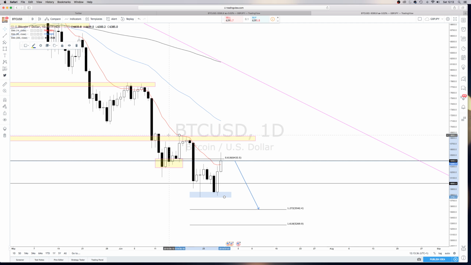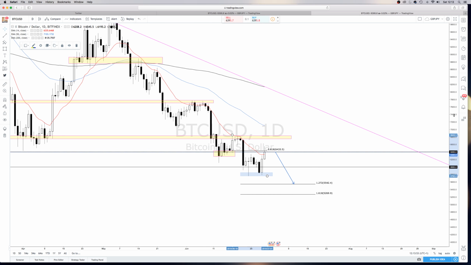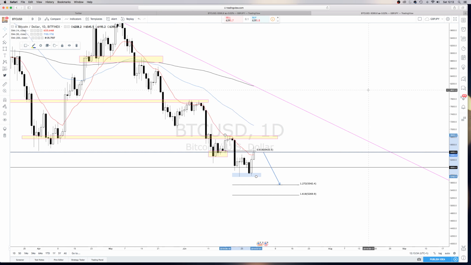I would need to see Bitcoin price break these highs of around 6,900 to really say that there's a potential chance. I mean, we need to retest this weekly trend line first before I think price will truly break out.